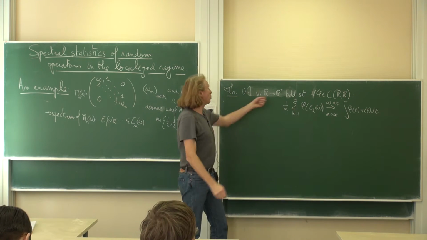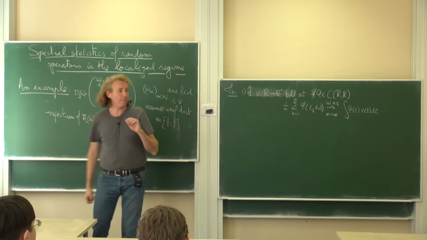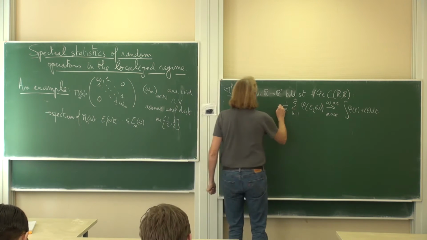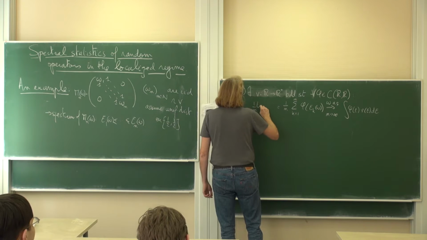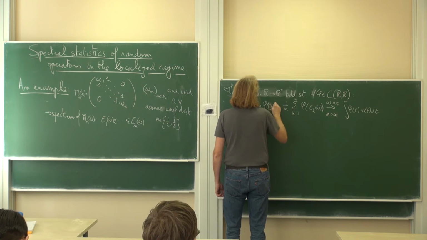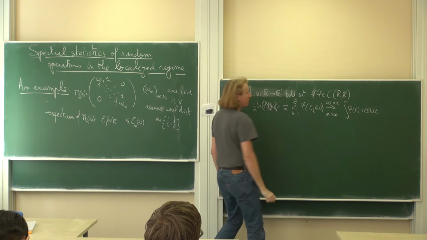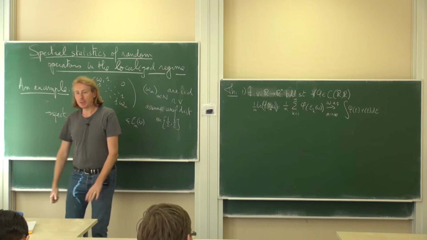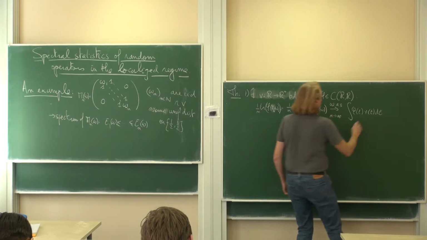This is just 1 over n, the trace of the matrix phi of Mn of omega. So this defines the function nu.